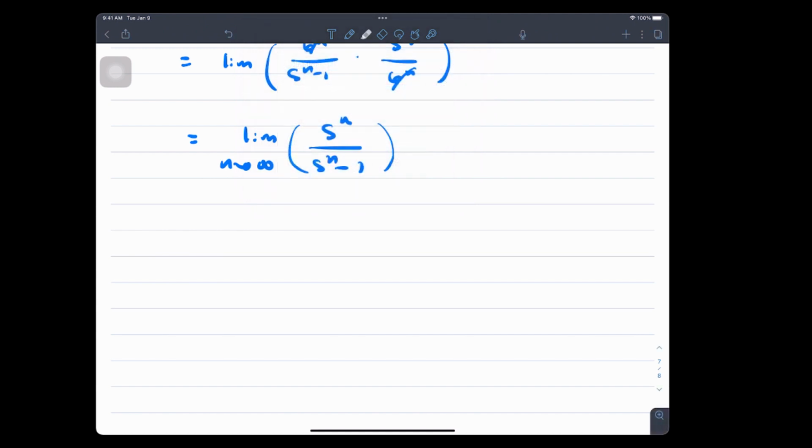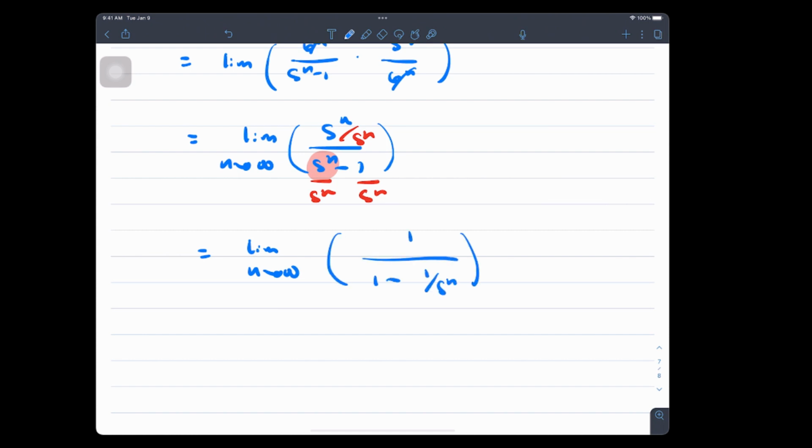Okay, again, just like you can look at this as a calculus 1 kind of question. You divide every term by that 5 to the n, and then you get the limit, n goes to infinity, of 1 over 1 minus 1 over 5 to the n, and then that limit is 1 again, which is finite and positive.